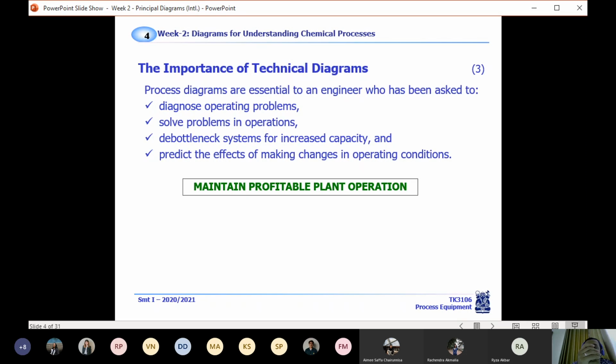That's also the reason why in internship programs, chemical engineers from the plant first give the principal diagram to understand the process, because it's much easier than jumping directly to the field and seeing the operation of the plant.